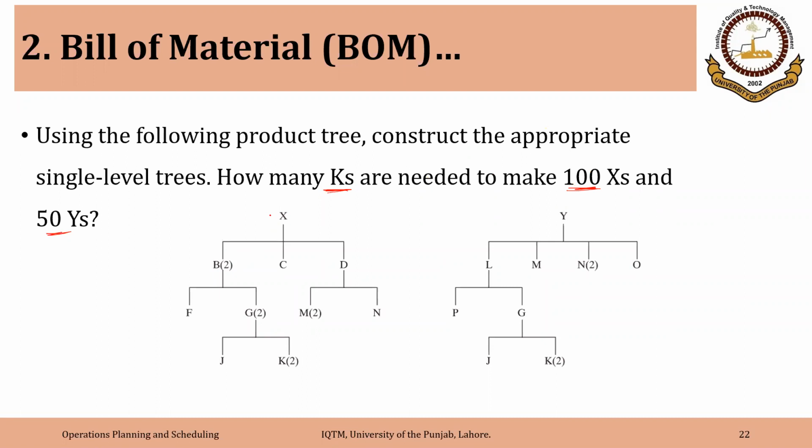K is actually the component of both X and Y, so we are pooling the requirements for K. It is the same process, but of course, the levels of the product structure are greater than in the previous case.